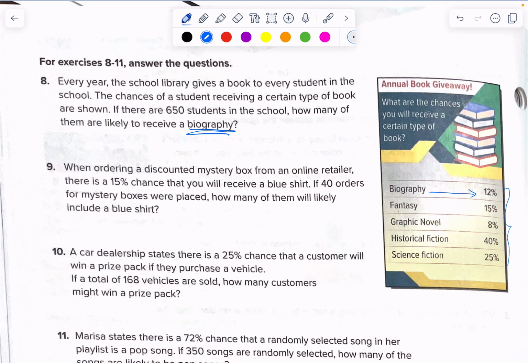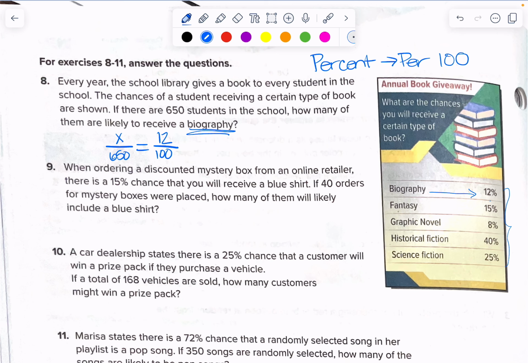So if we think back to our percent proportions that we used throughout our last chapter, remember percent means per 100. So essentially if 12% are getting a biography, that means 12 out of 100 students would be getting a biography. And so I want to know, okay, so how many out of 650 would be getting the biography? And so then I can go ahead and solve my proportion.